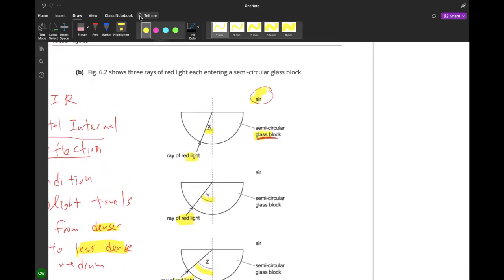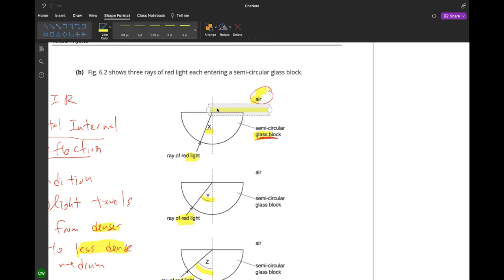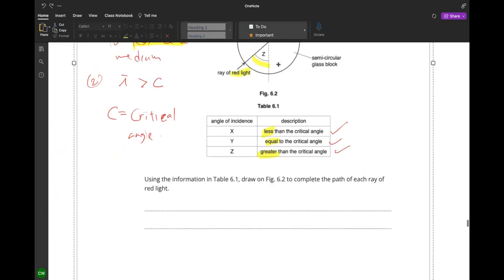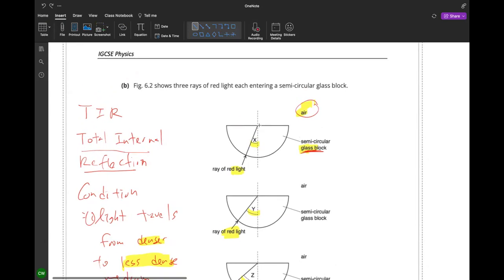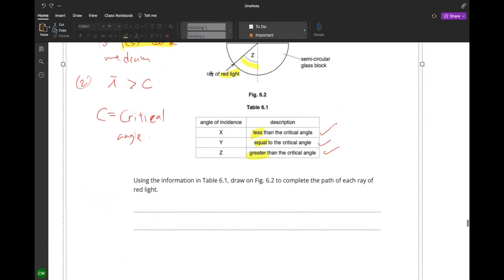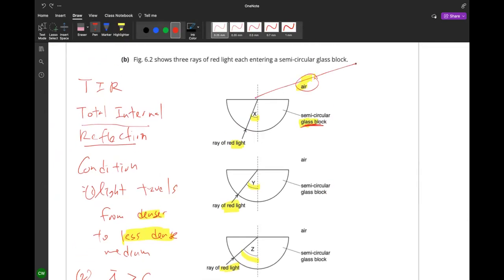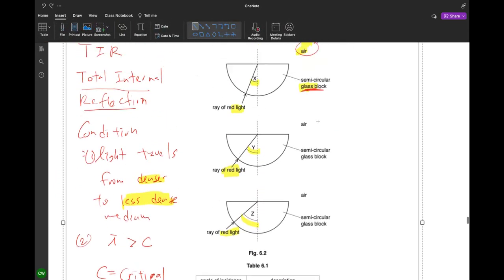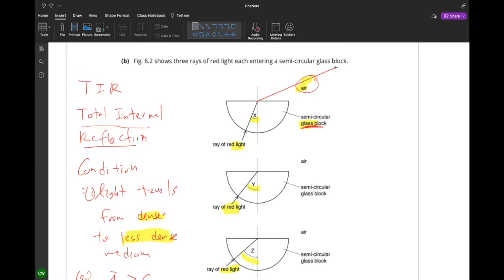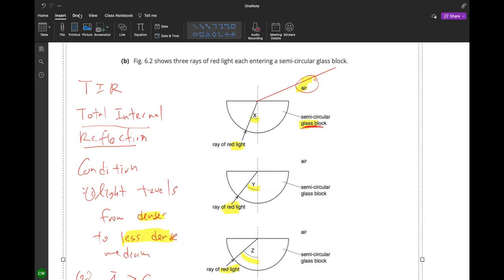If it's less than, that means the light will be able to come out. So you need to draw something and make it come out. Okay, coming out like that. So we can see the angle.